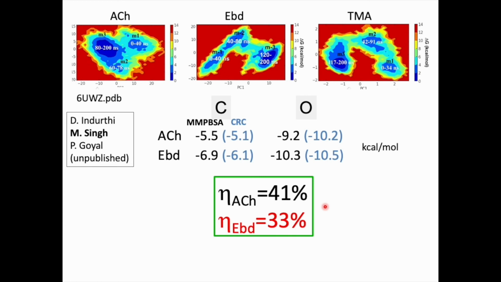There's more good news. 41 and 33% are two of the modes, two of the classes that we observed, although ACh was 50 and epibatidine was 42, but we do see a 33% mode for varenicline. But there's more bad news.